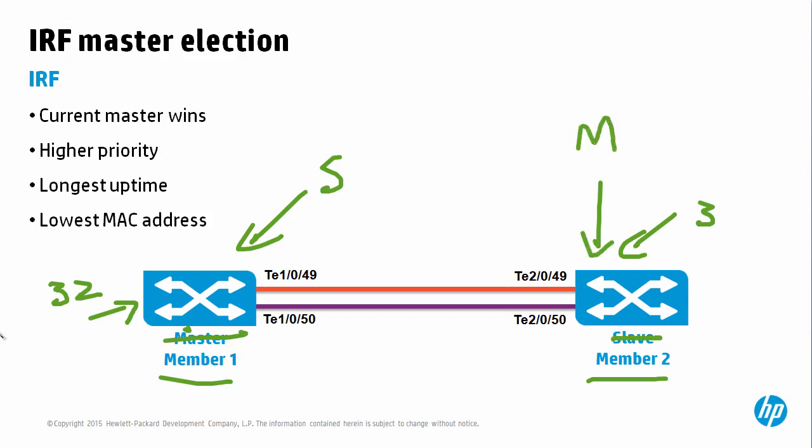So it's currently the master when this previous master device joins the IRF system. So the current master wins. So because the switch on the right is currently the master, when the switch on the left went down, it will remain as the master device and the roles will change in this example. So now member 2 is the master device and member 1 is the standby device.